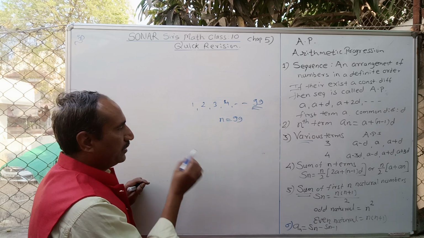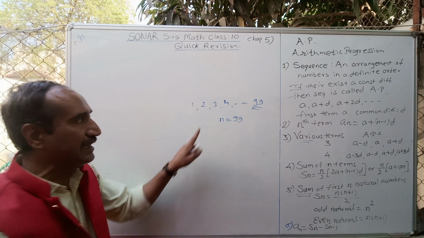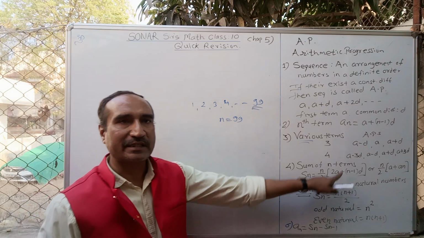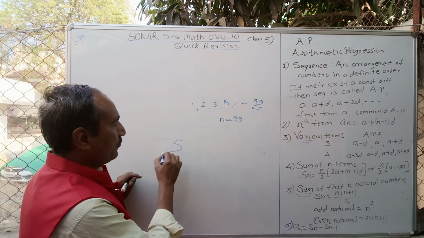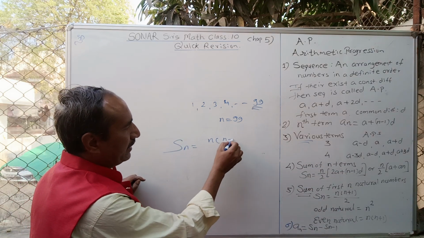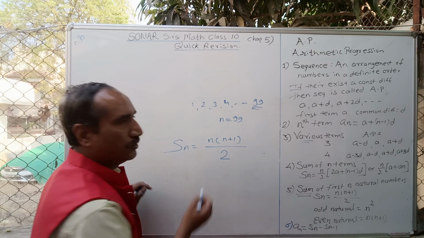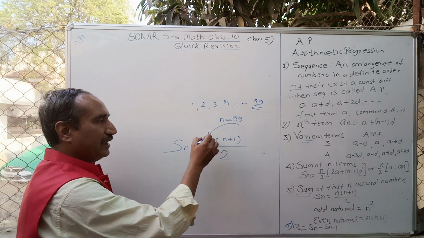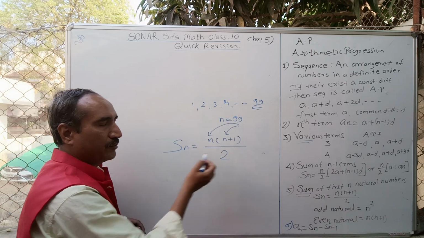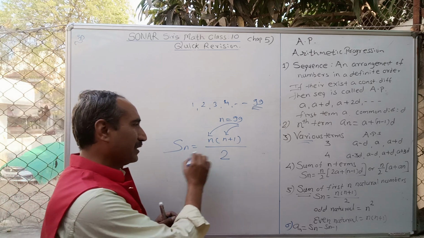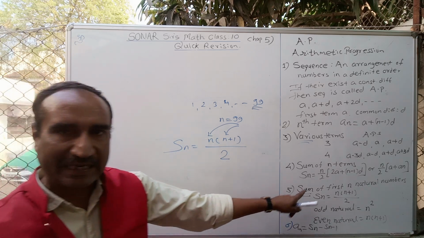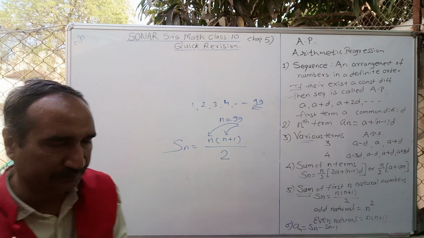So we can find the sum of the first n natural numbers. The formula is n into n plus 1 upon 2. So here 99 into 99 plus 1, that is 100, upon 2. In this way we'll get the sum of the first n natural numbers.